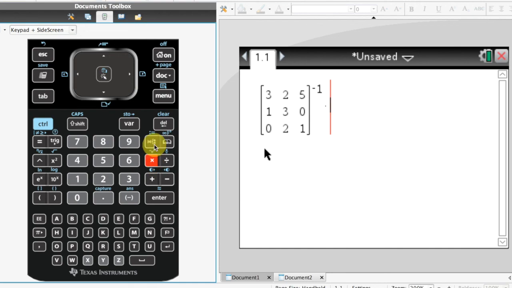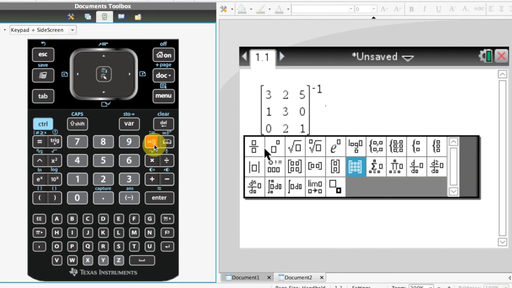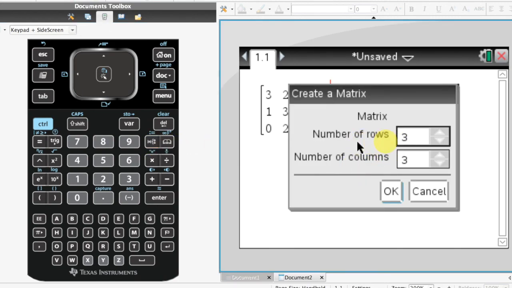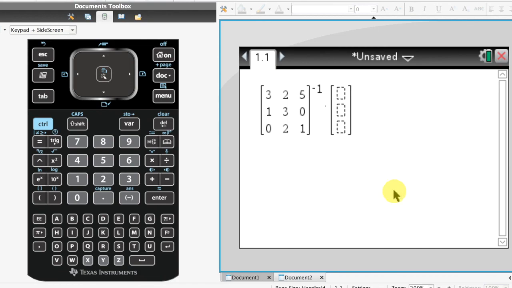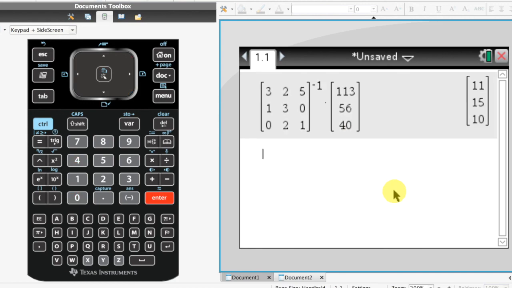So I'm going to bring up that matrix, and that is going to be 3 rows by 1 column. Go OK, and then put in the values, so 113, then we had 56 and 40. Hit enter, and there's what each of the variables are. So a is 11, b is 15, and c is 10.